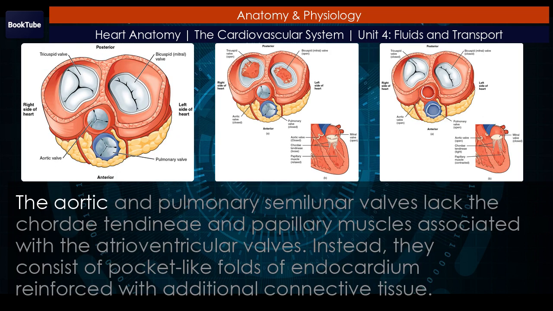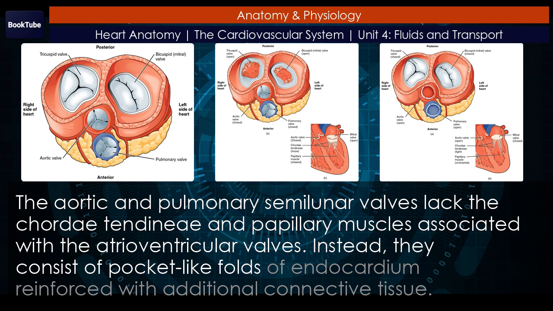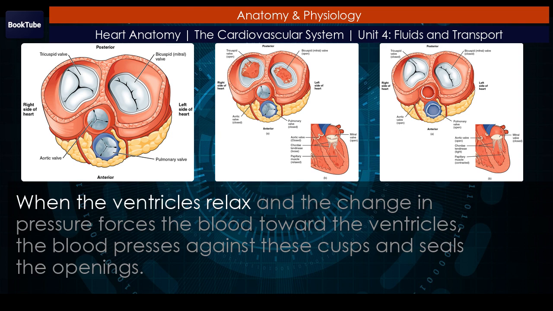The aortic and pulmonary semilunar valves lack the chordae tendineae and papillary muscles associated with the atrioventricular valves. Instead, they consist of pocket-like folds of endocardium reinforced with additional connective tissue. When the ventricles relax and the change in pressure forces the blood toward the ventricles, the blood presses against these cusps and seals the openings.